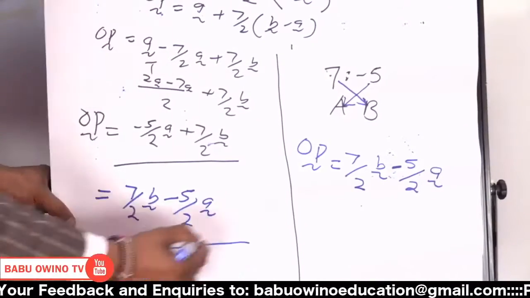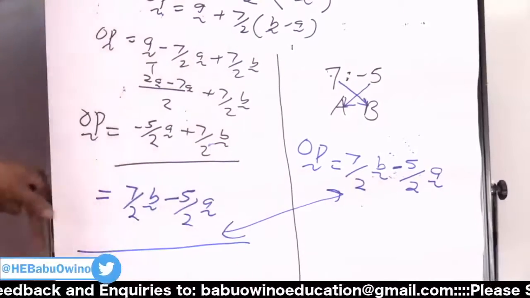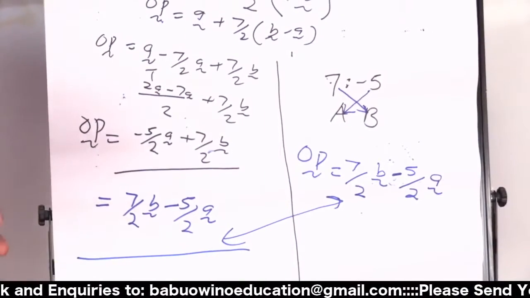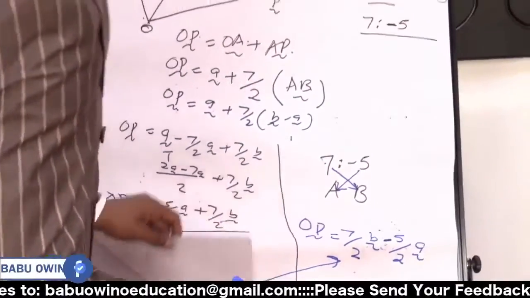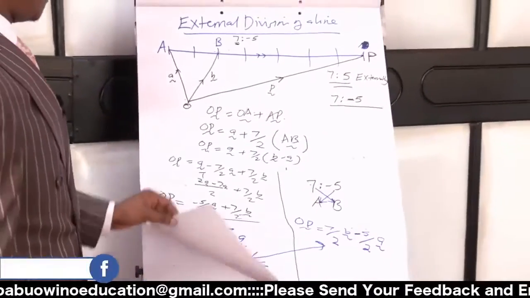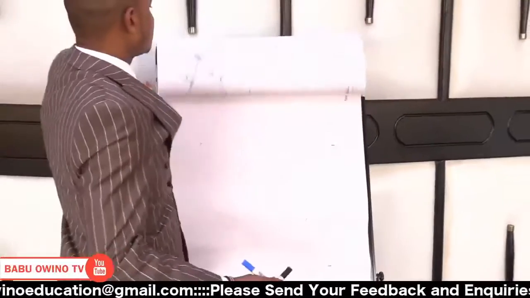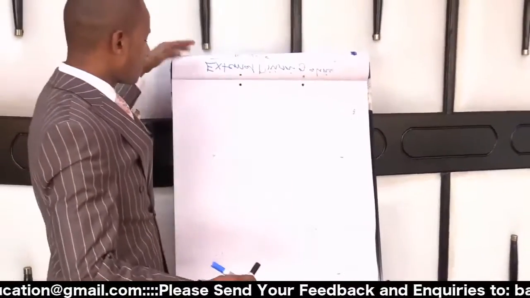So you see the way the ratio theorem makes work so easy. So that is external division of a line.